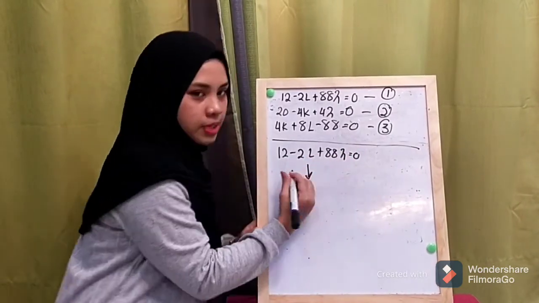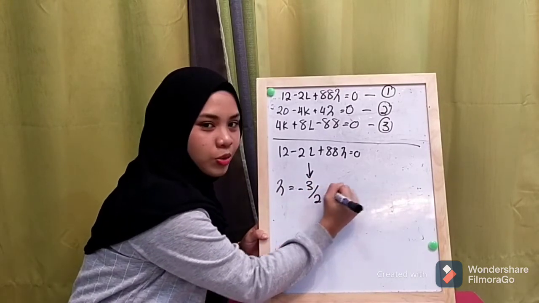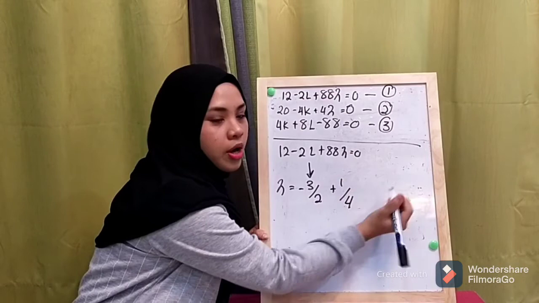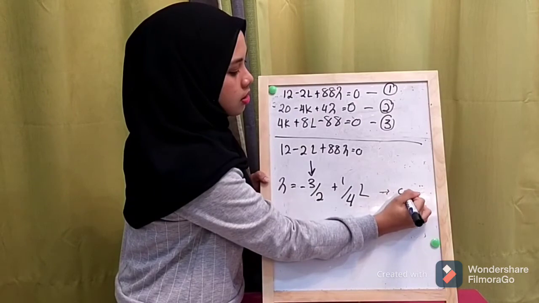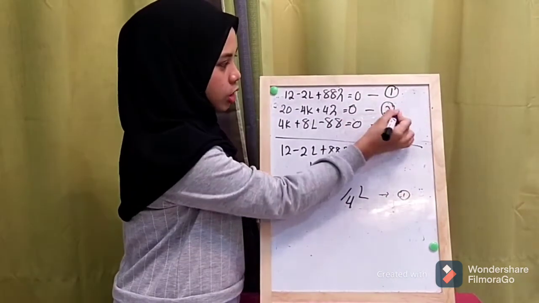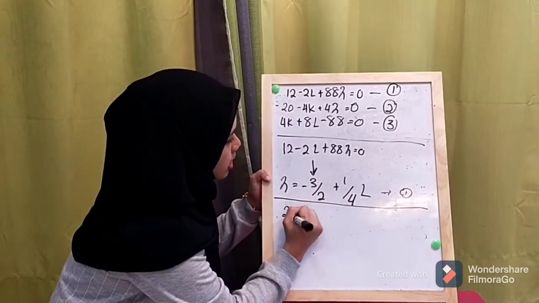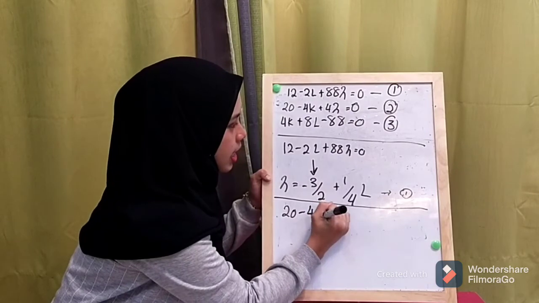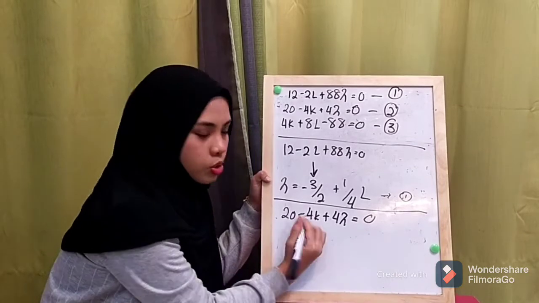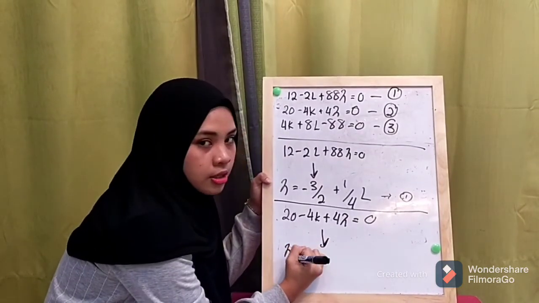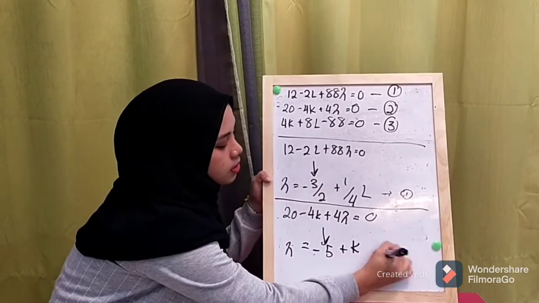It will become lambda equals negative 3 over 2 plus 1 over 4 L. So this is for equation 1. For the second equation, it will be 20 minus 4K plus 4 lambda equals 0. It becomes lambda equals negative 5 plus K. So I'm done with this.